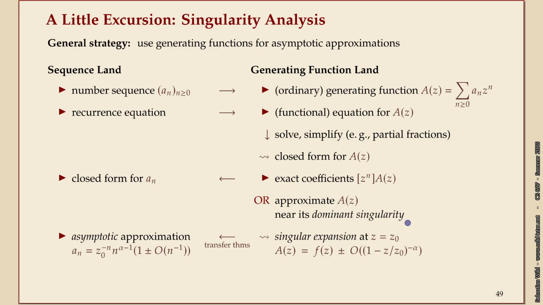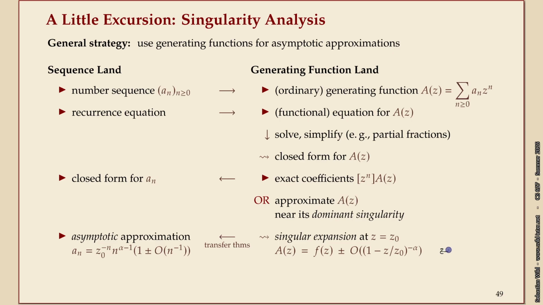To cut this short, you can usually find a single dominant singularity, one of smallest absolute value, and you can prove that this dominates the growth of the number sequence that you started with. So what you do is you approximate your generating function by a simpler function plus an error term, which is a big O term, but of a slightly funky shape.